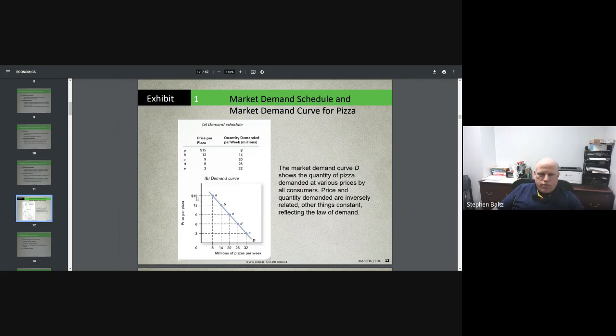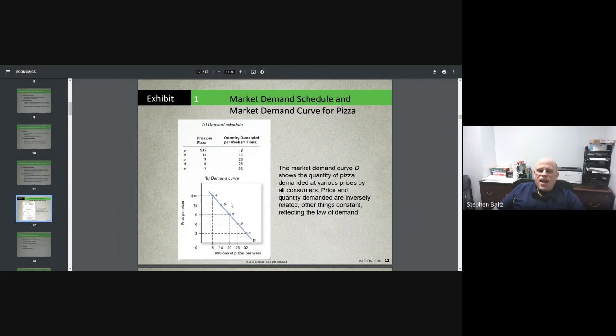So, for example, at a price of $15 per pizza, you'll look on this demand curve. 8 million pizzas per week are demanded at that price of $15. We drop the price to $12, then it actually increases the number of pizzas demanded per week to 14 million. So it goes from 8 to 14 million when we drop the price by $3 there.